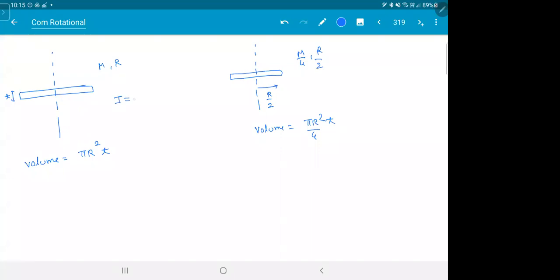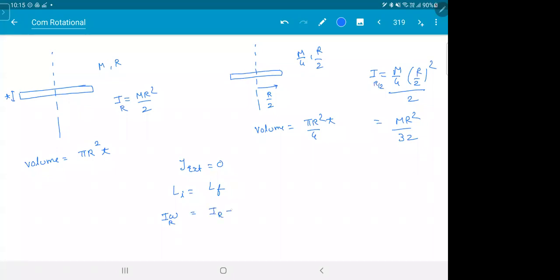What is this moment of inertia? Mr square by 2. What is this moment of inertia? M by 4, radius by 2, by 2. Mr square by 32. Since torque external is equal to 0, L initial is equal to L final, you get I omega for R. This is IR, this is IR by 2.